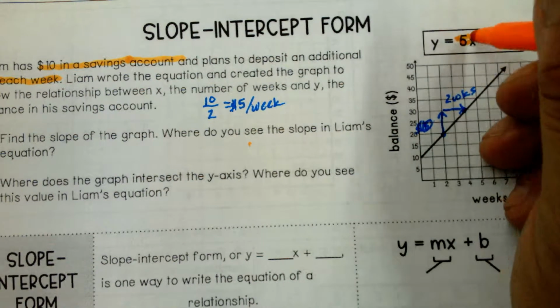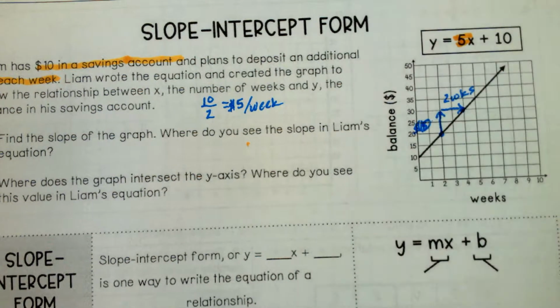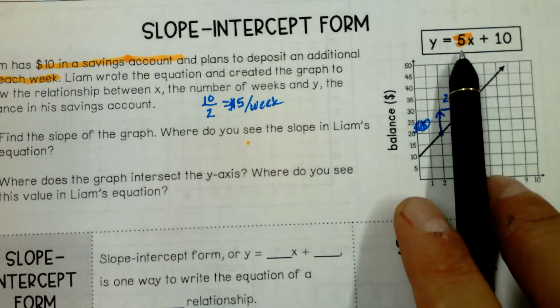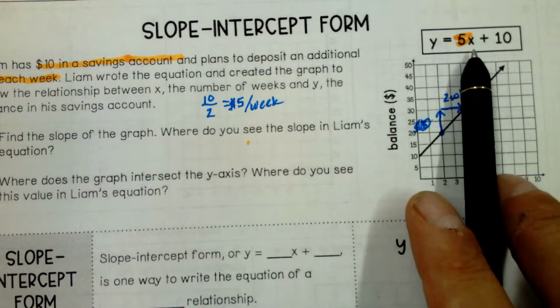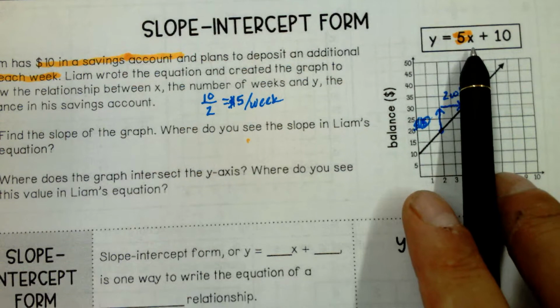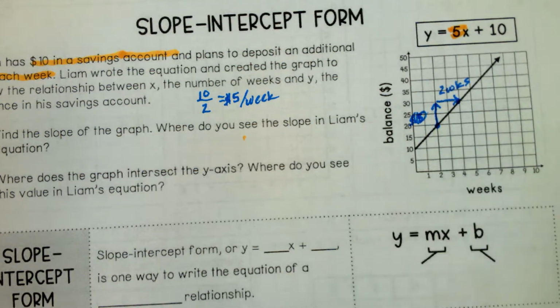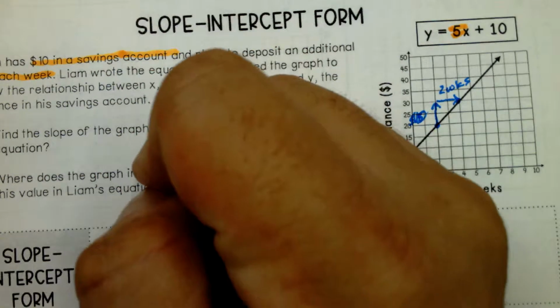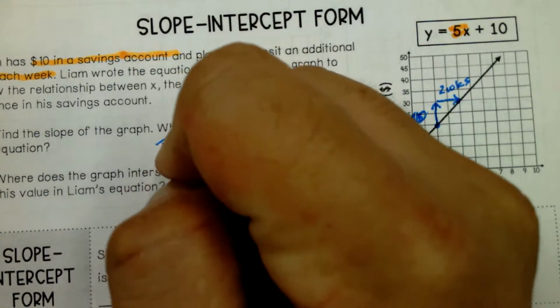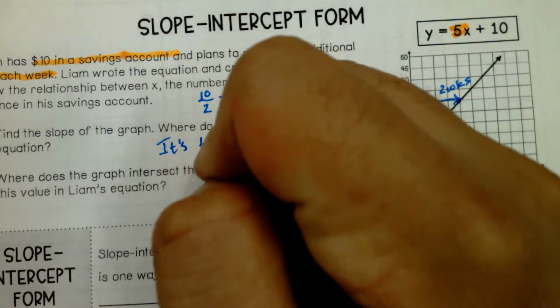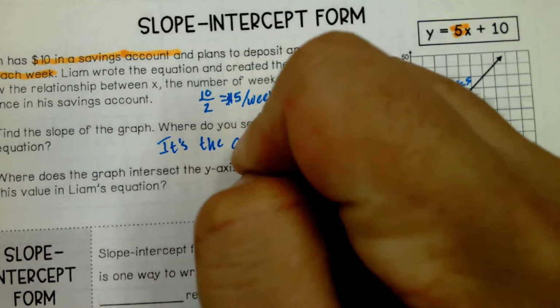I see it right there. How would we describe that location? Do you remember what we call a number that multiplies next to a variable? Starts with a C. It's the coefficient.